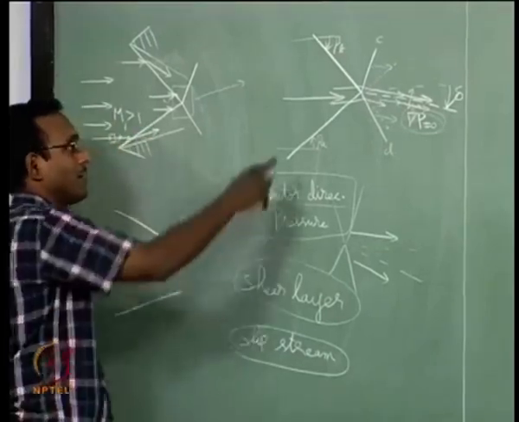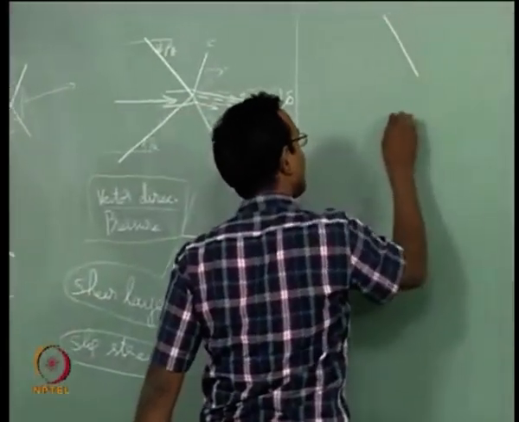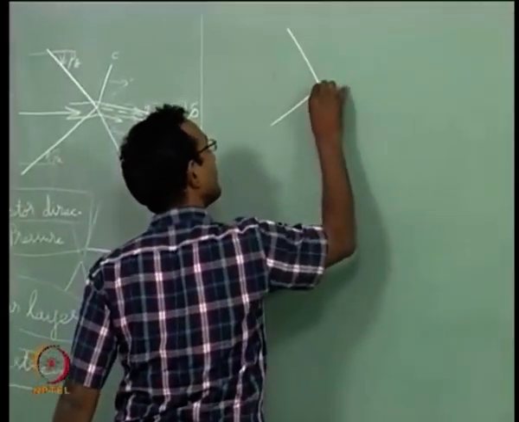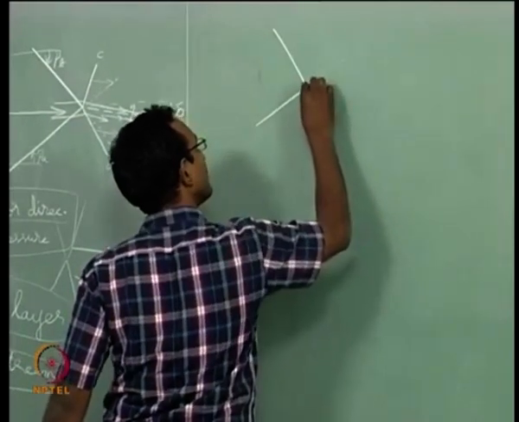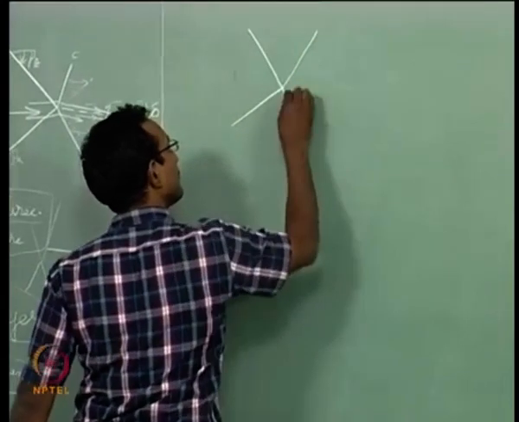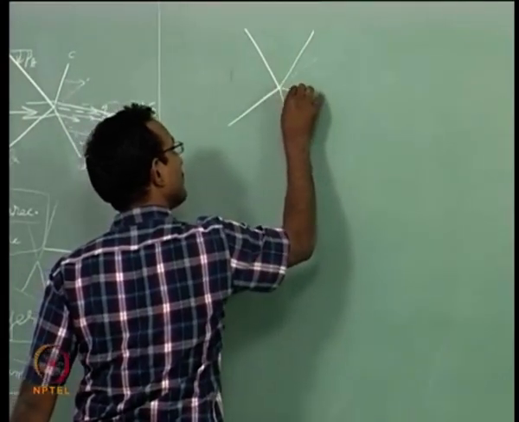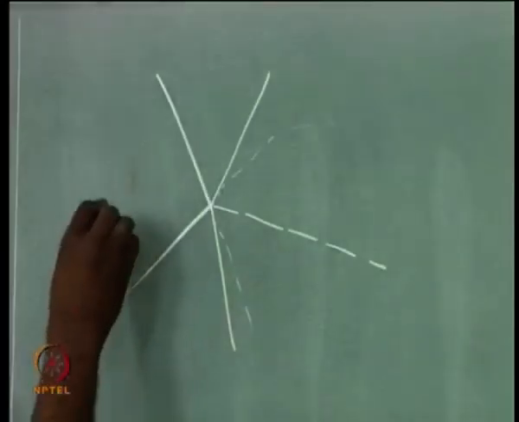Okay, so if I draw this flow without all these arrows, I will go and draw it again. This is what it will be looking like.